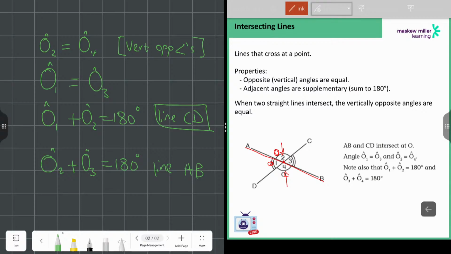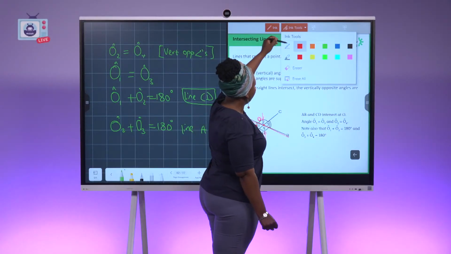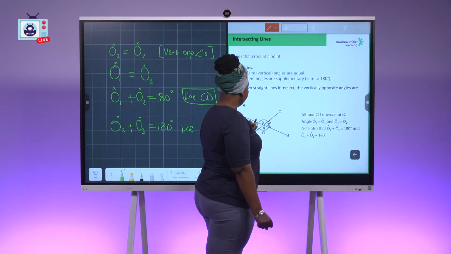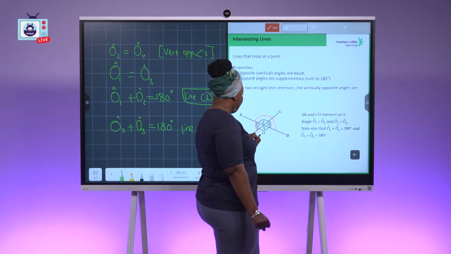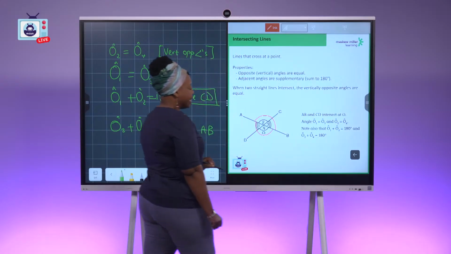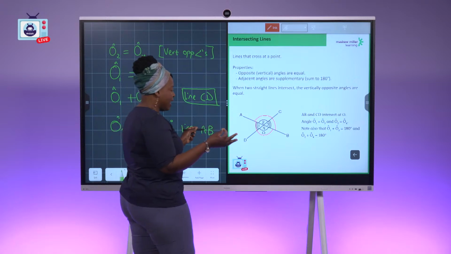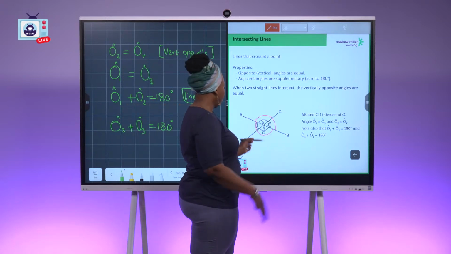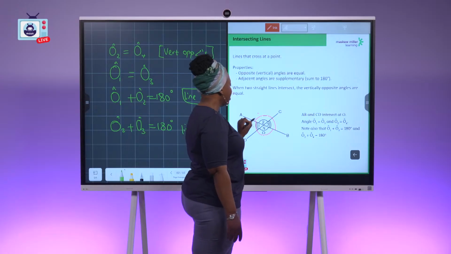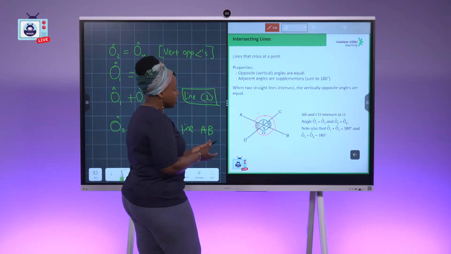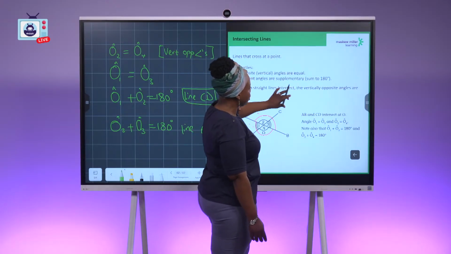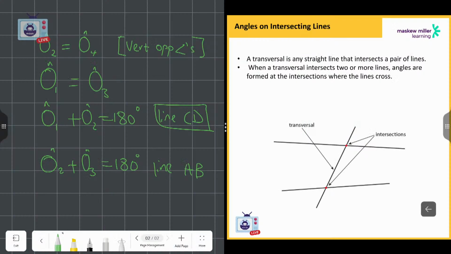So you can see that the part at the top will be 180 degrees, as well as the one at the bottom, which will also be 180 degrees across the same line. So in normal sense, this will add up to 360 degrees, which is the angles around a point. So this is what you need to know and understand.